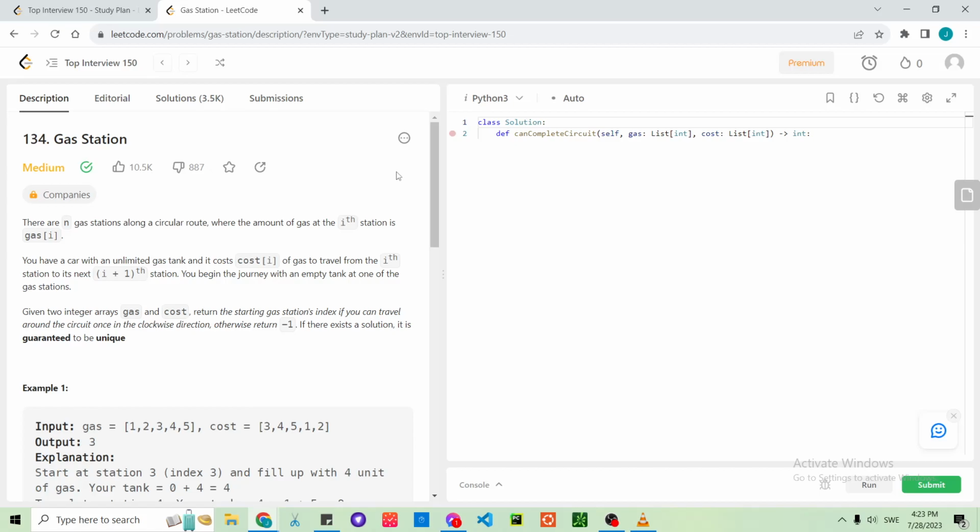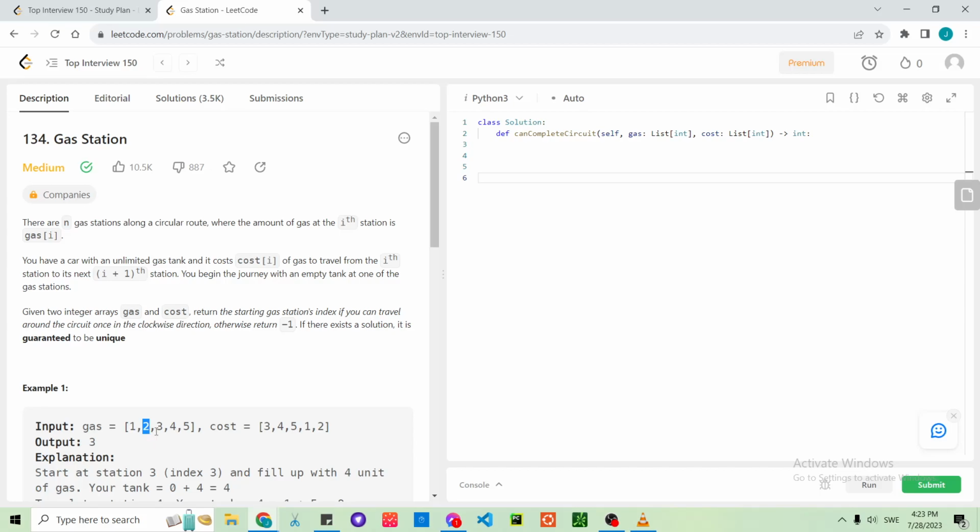Seems pretty complicated. And it also seems like I need some pen and paper to draw this. Or no, I will just try to write it here. We cannot draw a circle here, but we will try. Gas 1, 2, 3, 4, 5, which means here we have 1 unit of gas.